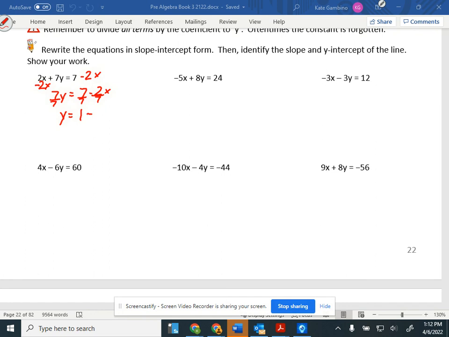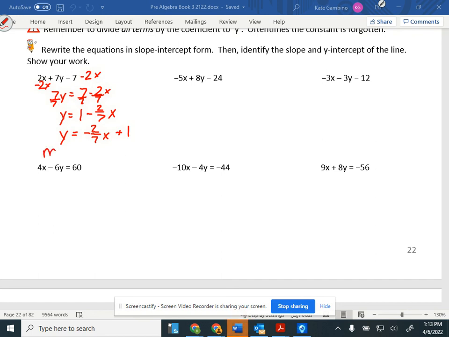Minus 2 sevenths x. So then we're going to flip it around. So it's negative 2 sevenths x plus 1. Okay, so if you end up with the same number, 7 over 7, you're going to change it to a 1. Okay. Any other questions?